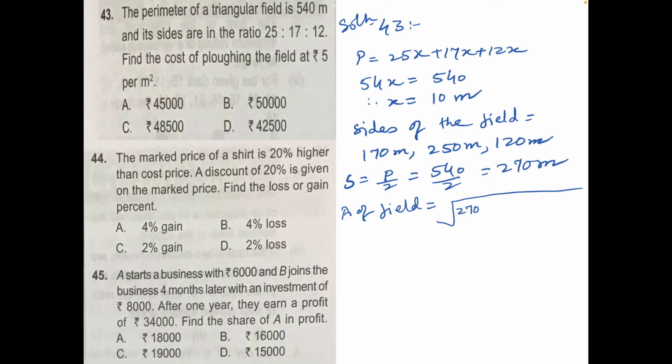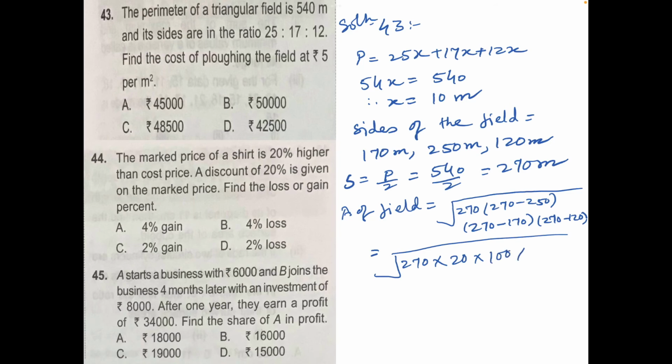I'll directly substitute the values, and I may write the direct answer also to save time. 270 into 270 minus 250 into 270 minus 170 into 270 minus 120. So that will give you under root 270 into 20 into 100 into 150.